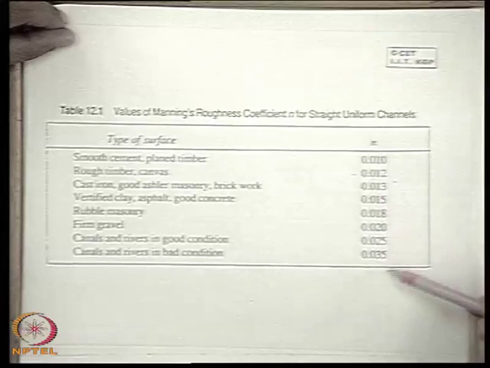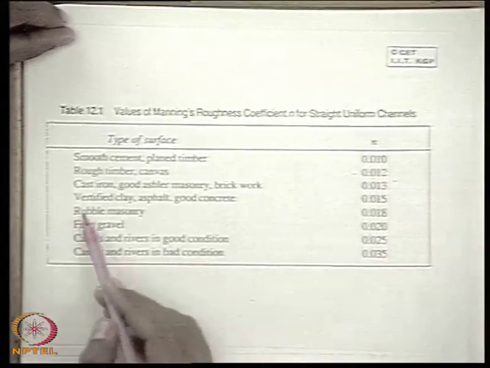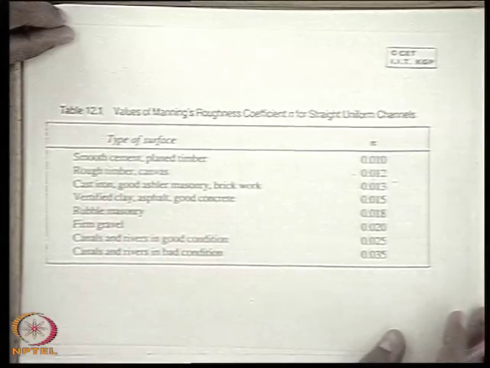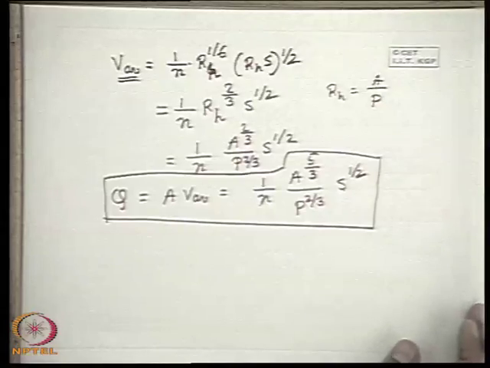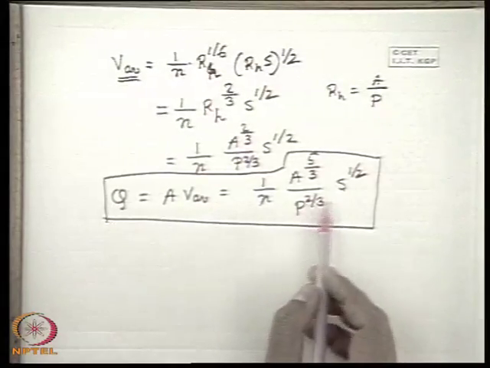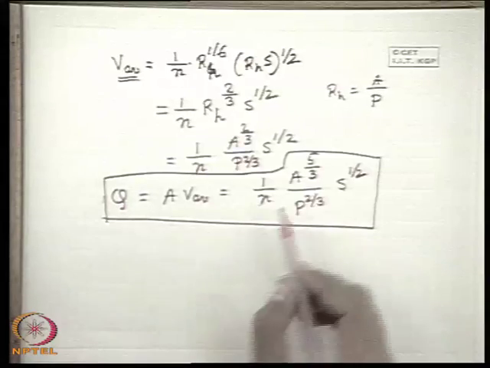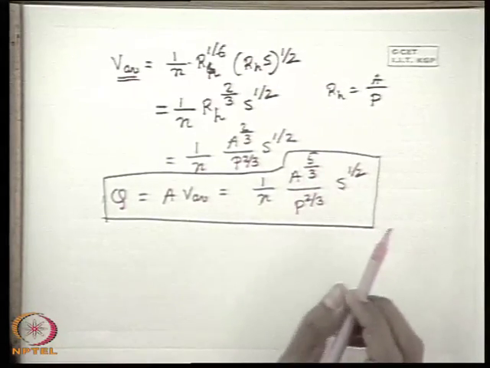So, tables are available from where we can find the values of n depending upon the type of surface for the channel bed. Now this Q formula gives the rate of discharge as a function of the geometrical dimensions of the channel.